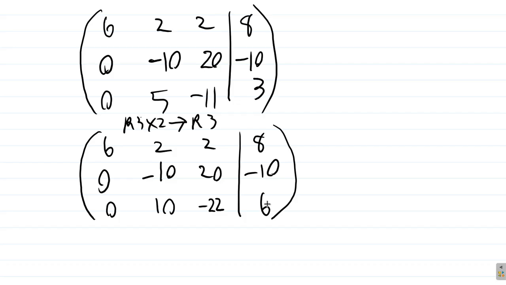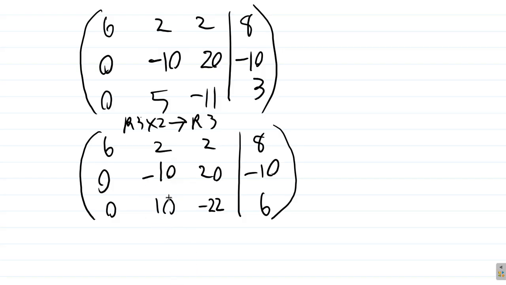And you see why I multiplied row 3 by 2? Because we have a negative 10 up here and a positive 10 down here. So if we add row 2 and 3, we get a 0 in column 2.